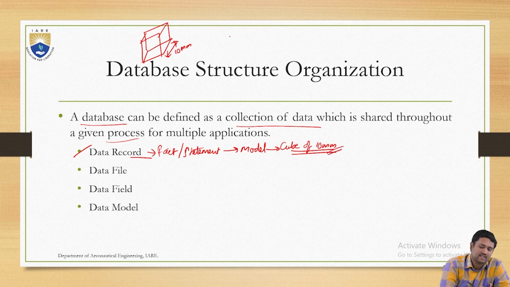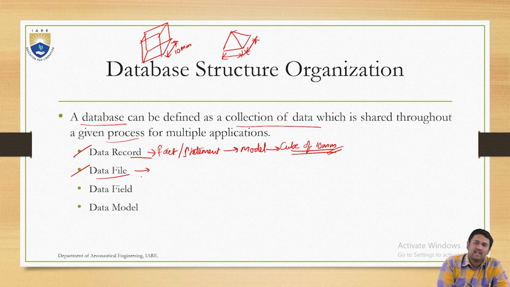Another thing, let's say for a pyramid, the side of a pyramid or the slant height of a pyramid, all these are variations that can happen. Next is your data file. What does a data file consider? For example, in our geometry case, this 10 mm.